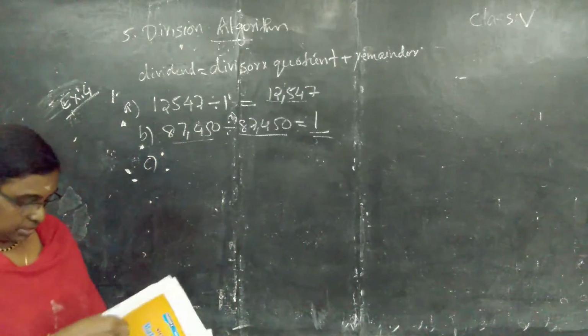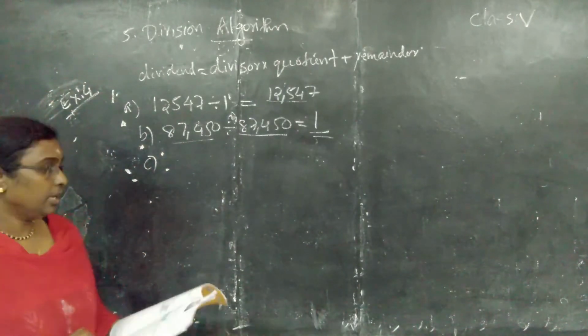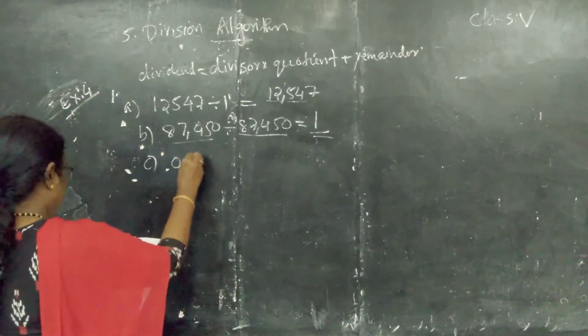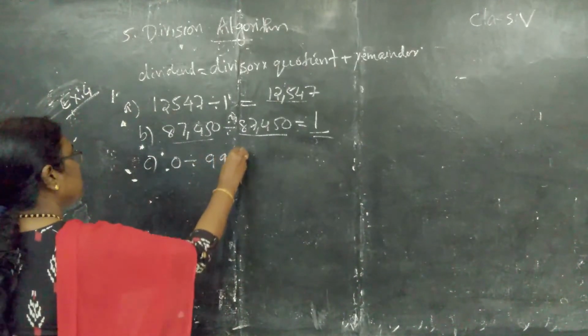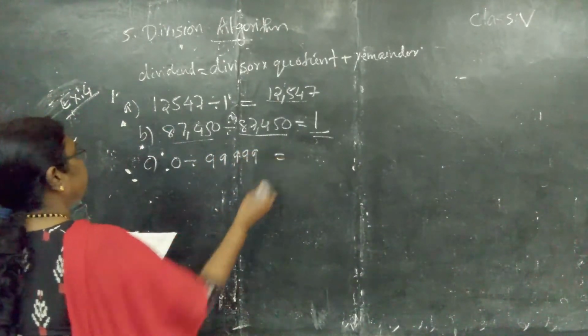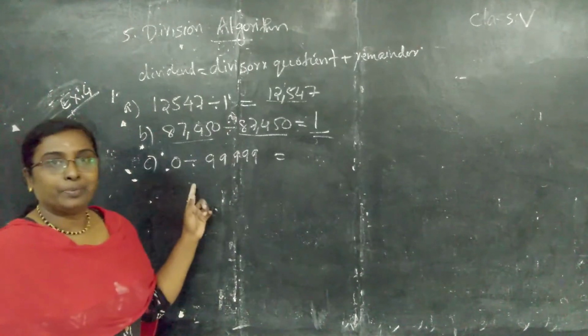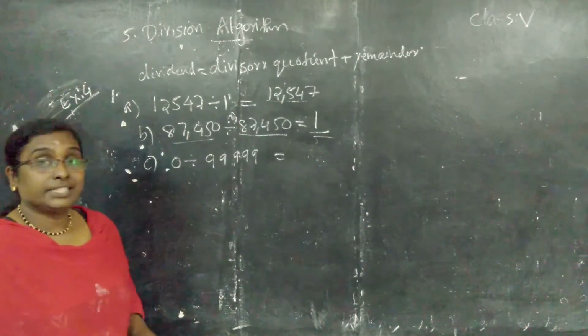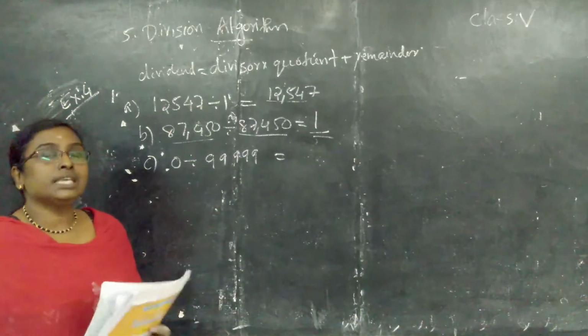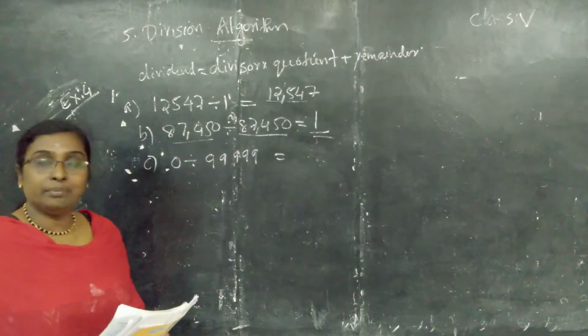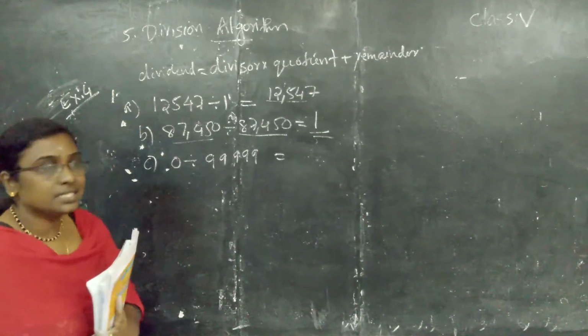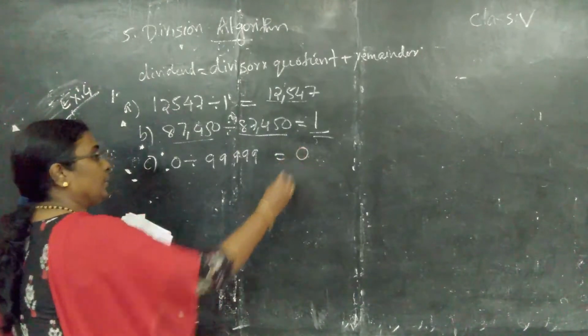Then C: 0 divided by 99,999. This is the third property. What is the third property? If 0 is divided by any number, the quotient is always 0.